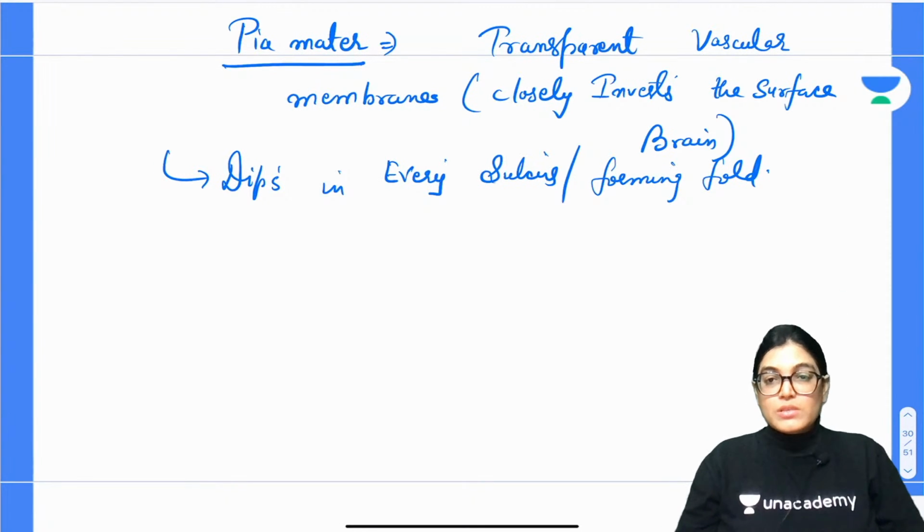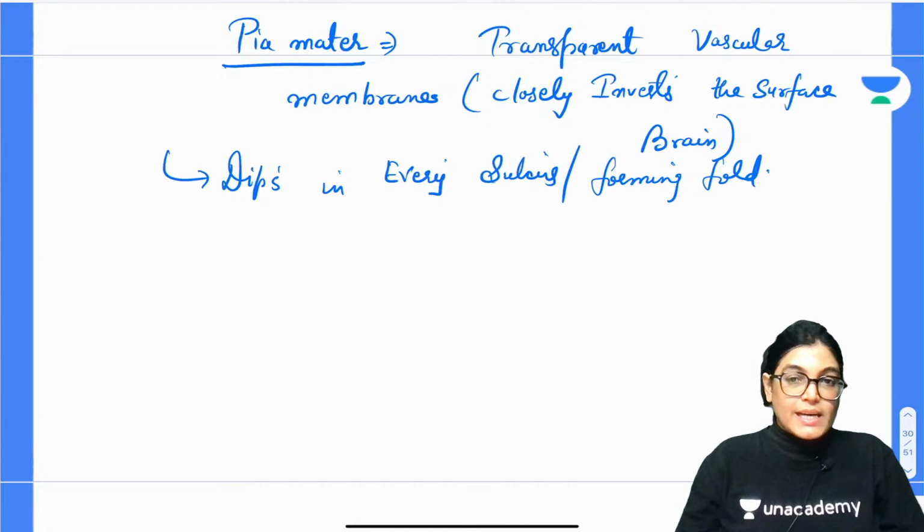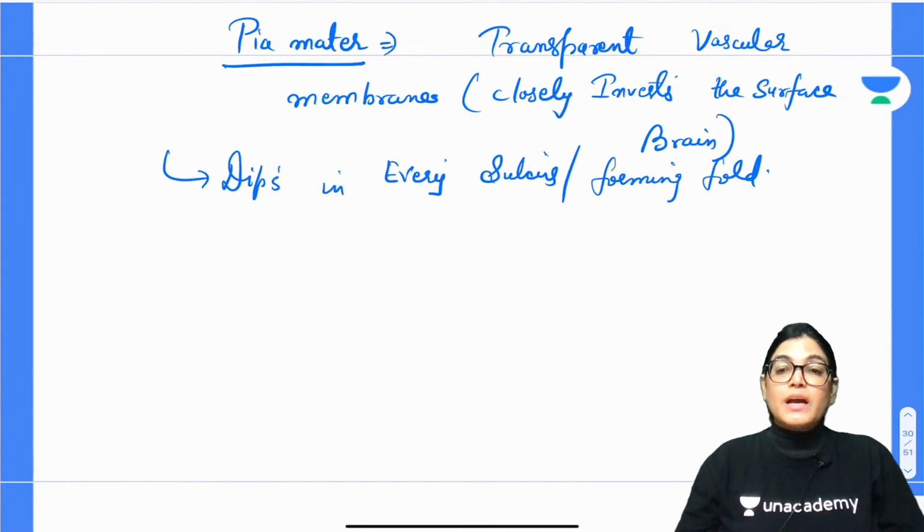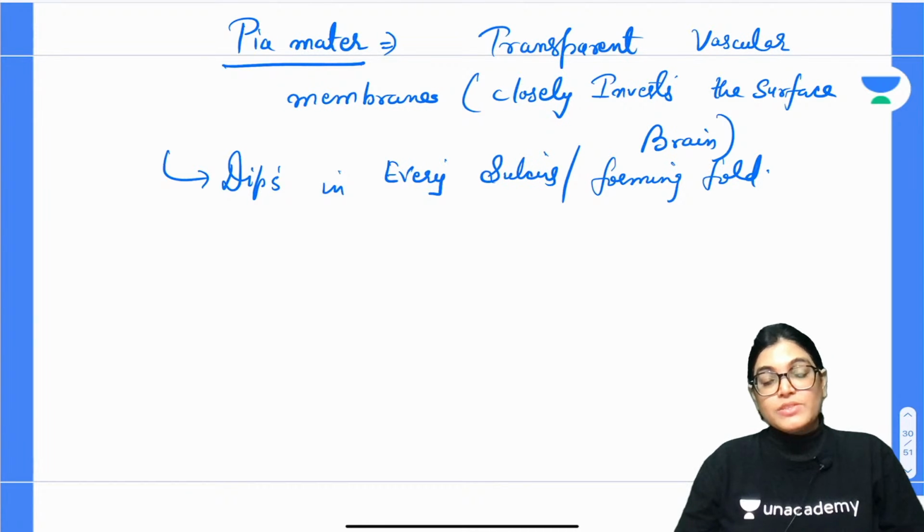Now, what about the processes of the pia mater? When I took the session of the spinal cord pia in the special classes, you must have seen that pia mater modifications have been asked in MCQ.